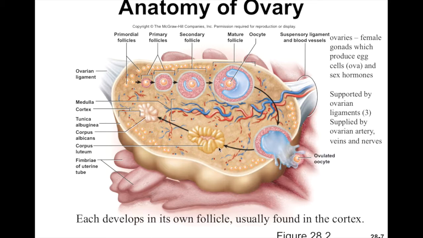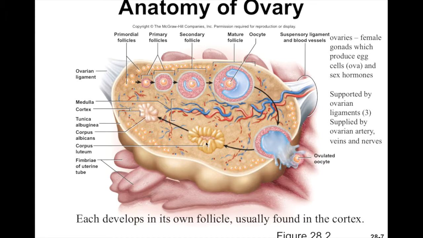Corpus meaning body, a body of something. Luteum meaning yellow. Remember luteal? That is the Latin for yellow. So it turns into this whitish, kind of yellowy body, and that is going to be producing hormones on its own to help sustain pregnancy should you become pregnant later on.